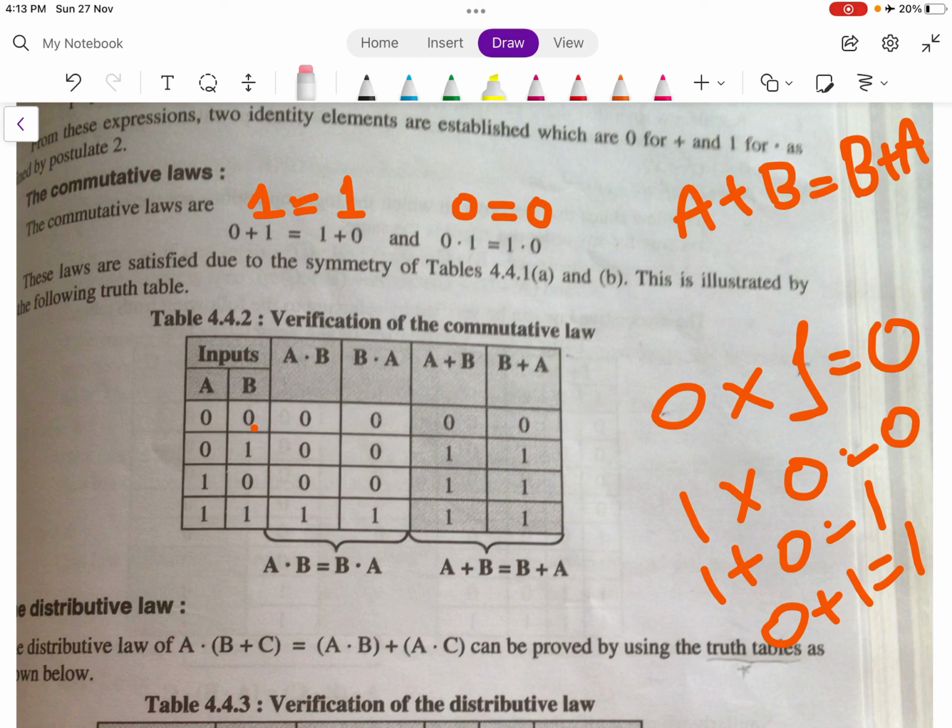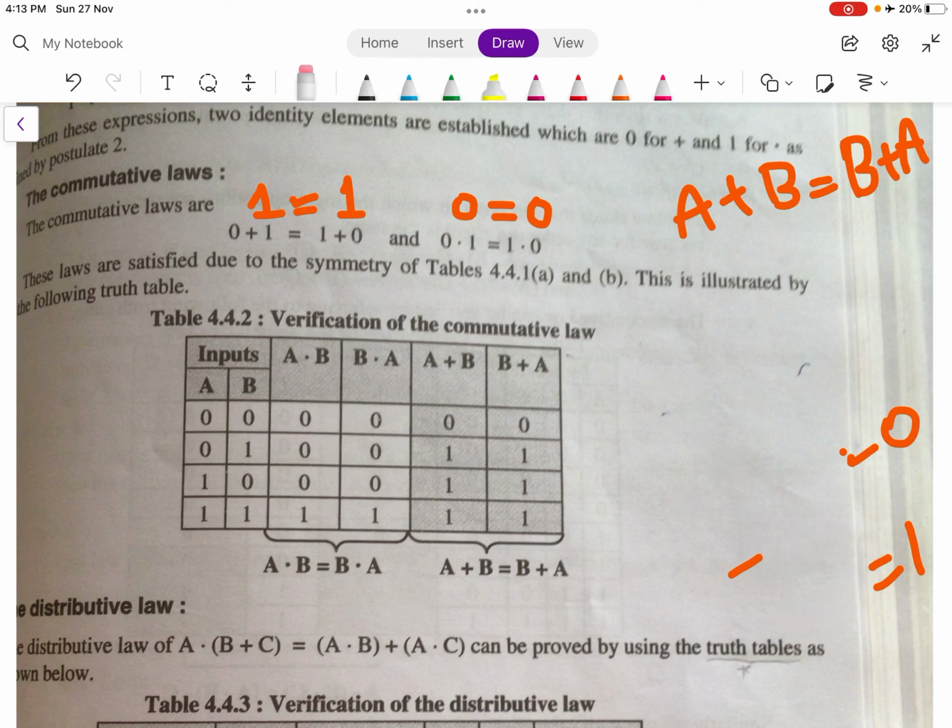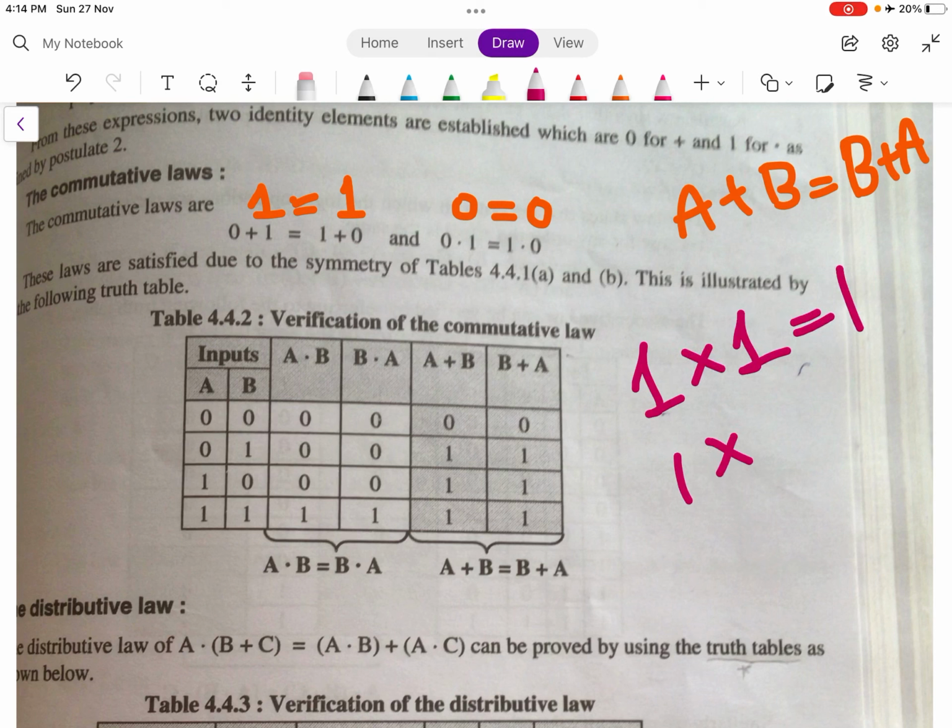If it is 1 and 0, then again the same thing: 0, 0, 1, 1. If both the inputs are 1 and 1, then A into B is 1, B into A is 1, A plus B is 1, and B plus A is 1.